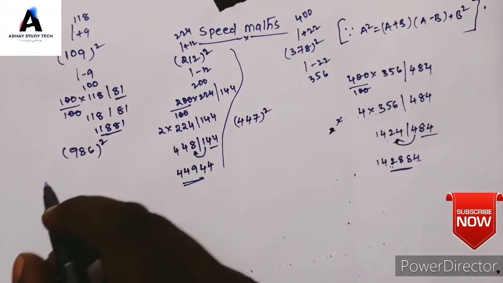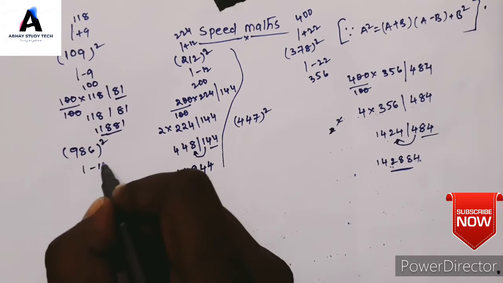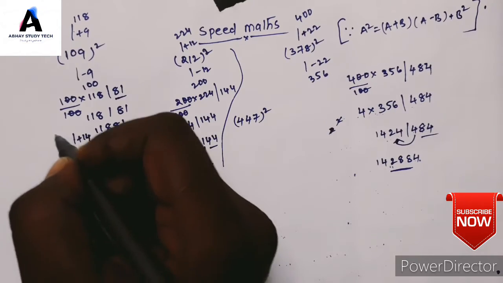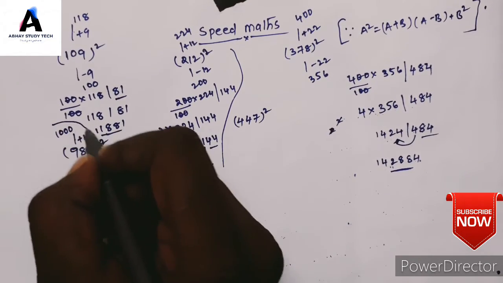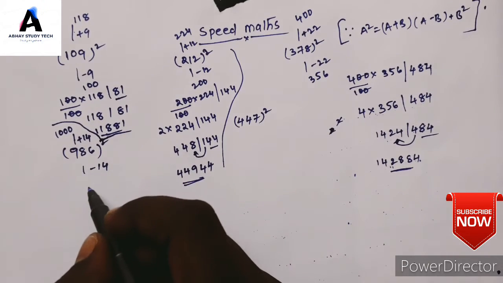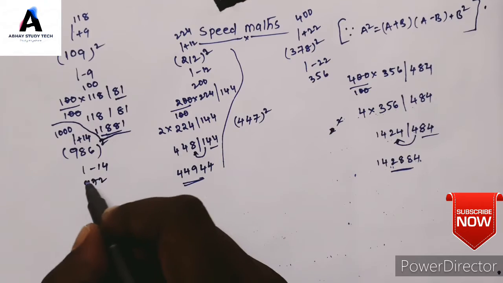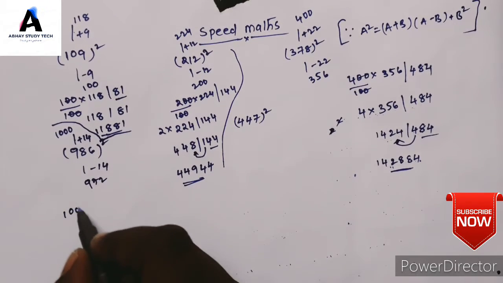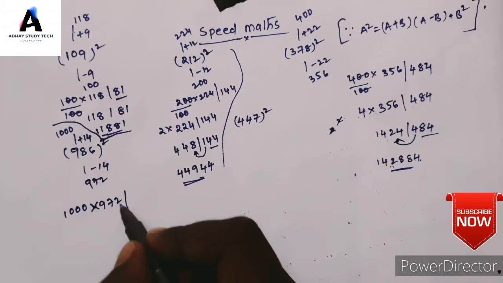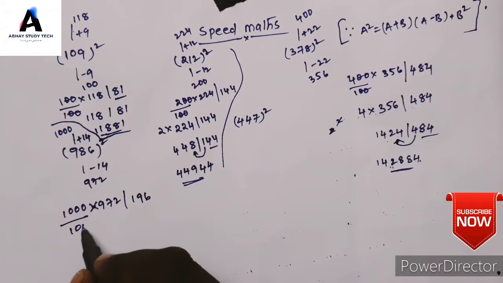986 whole square, we can write as minus 14 plus 14. Plus 14 means 1000. Minus 14 means 972. 1000 into 972. 14 square is 196 by 1000.